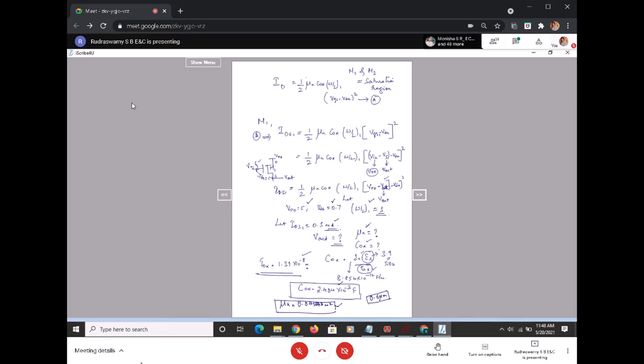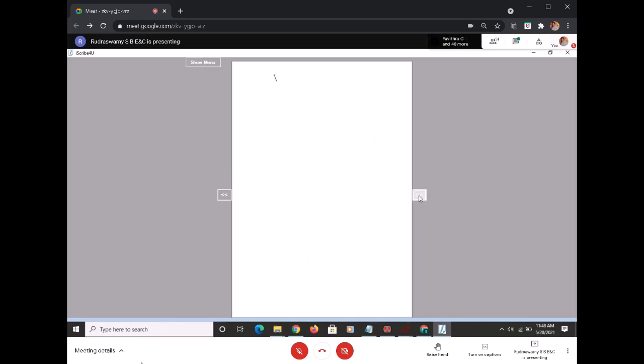So we can find out what is the V out from the expression, and solving that particular expression for V out, we get V out somewhere around 1.398, which we can approximate as something like 1.4 volts. This is the V out. So by knowing the parameters of the mobility, the oxide, the W by L, and the current, we can find out what is the V out of the transistor.